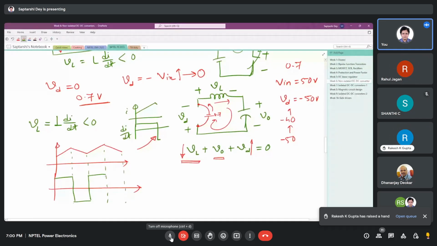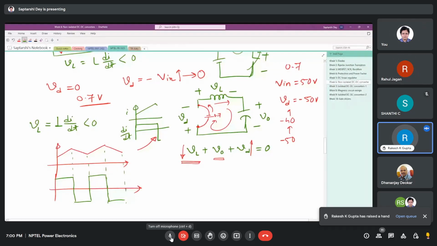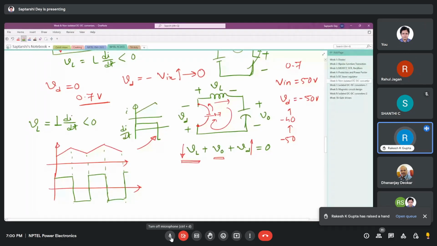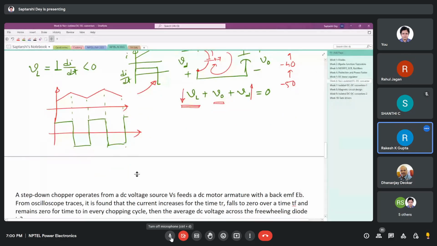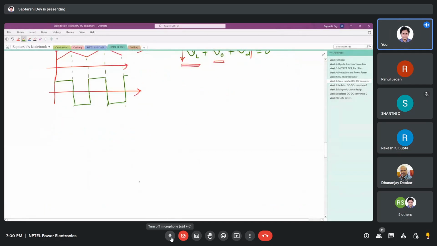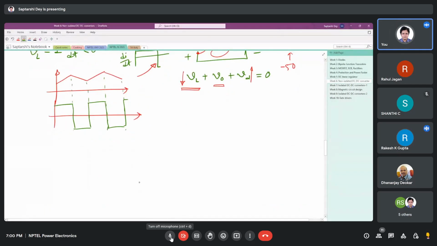Sir, if there is no resistance in this circuit, then which component decides the slope of the current rise in the inductor? The slope of the current rise in the inductor is never decided by a resistance.